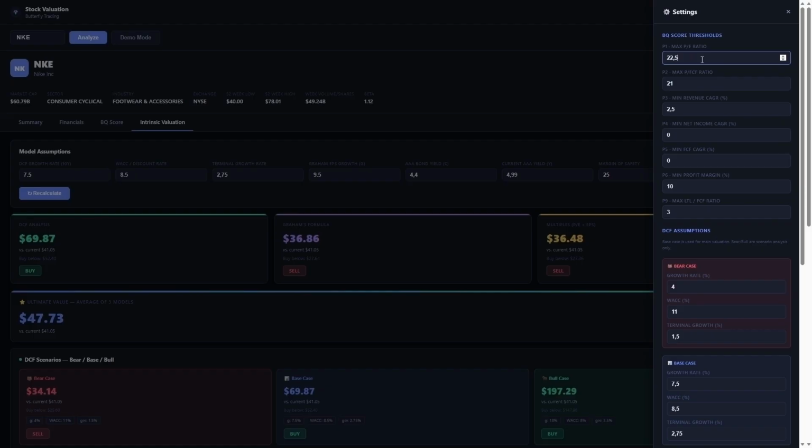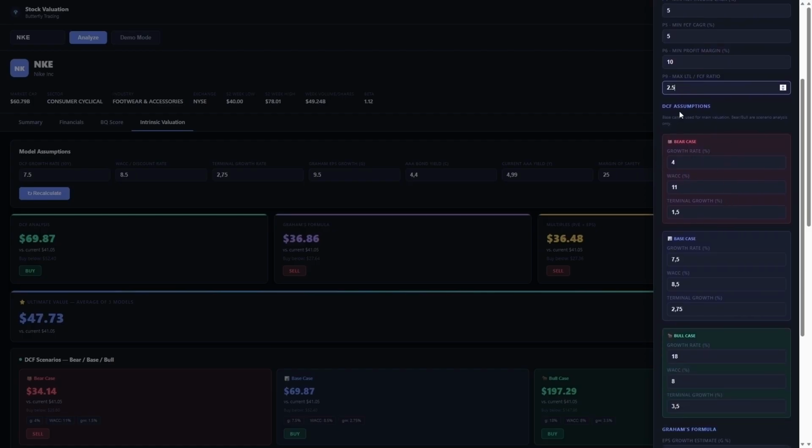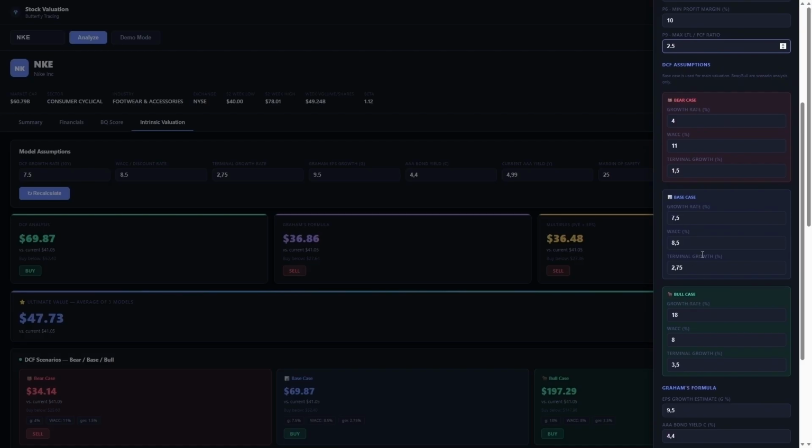So here for a Nike, for example, which is a well-established company, we can change these numbers to here, let's say 25, 25, 4, 5, 5. We can keep this on 10, and we put this to 2.5. Then below that we have our DCF assumptions for our bear, base and bull cases.